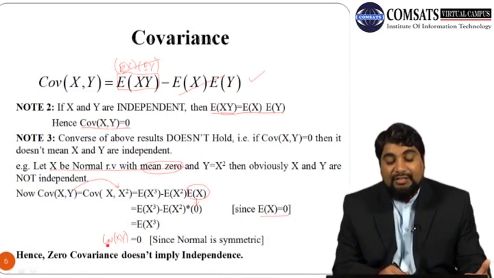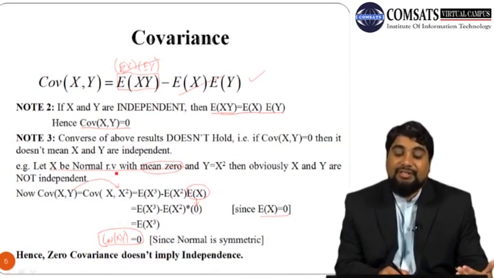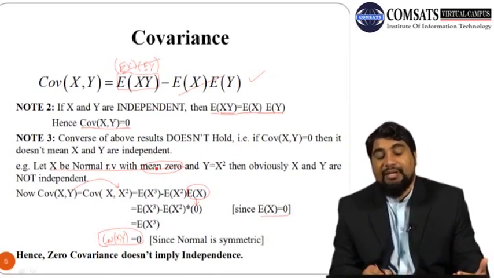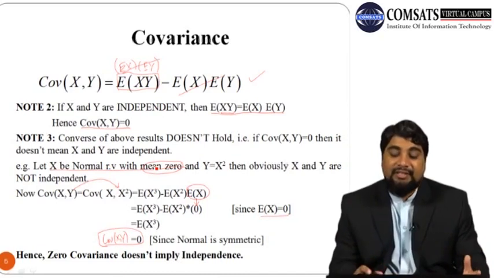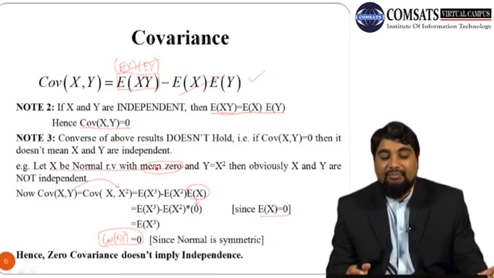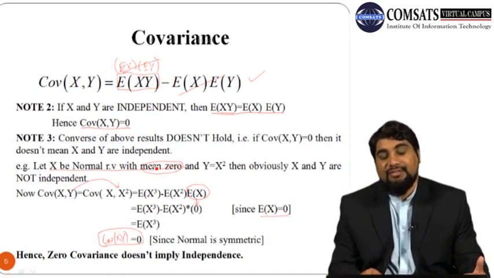But 0 covariance does not mean that they are independent. They can be dependent, just like here we have shown in this example that if x is a normal random variable and y is the square of it, both are dependent, but even then their covariance is 0.